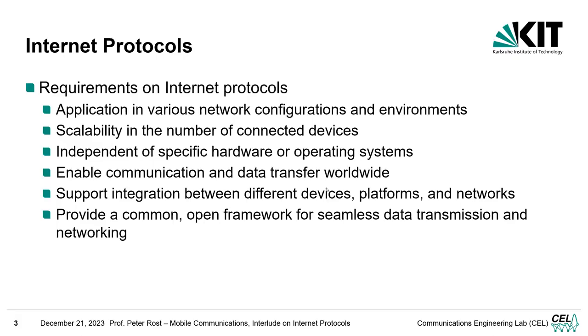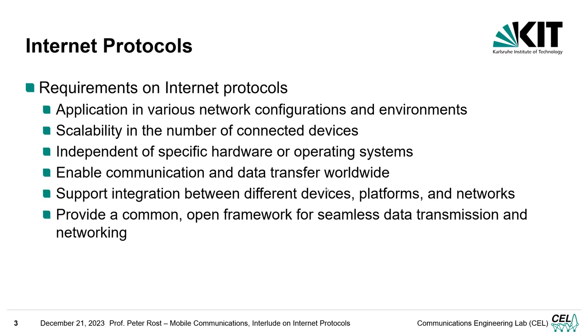To give a slow start, what is actually a requirement on an internet protocol connecting two computers, possibly over a wide area network, so over the internet? First of all, it has to be applied to various network configurations and environments, meaning it has to work using your mobile phone, and in a local area network using Wi-Fi or an Ethernet cable.